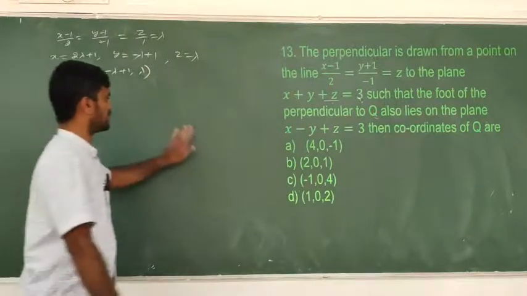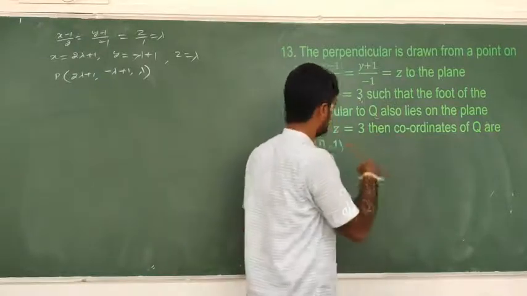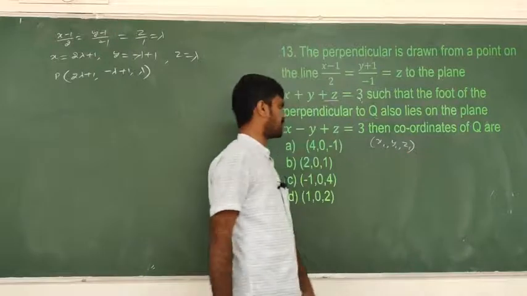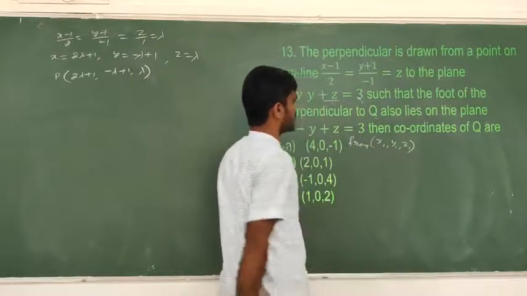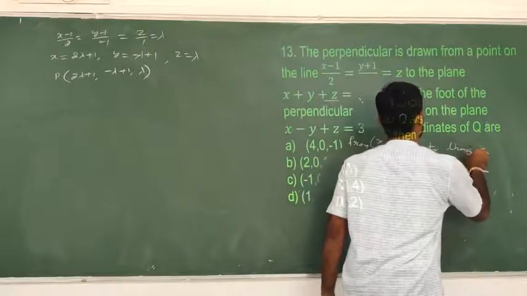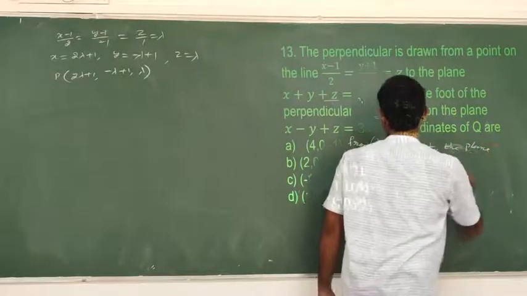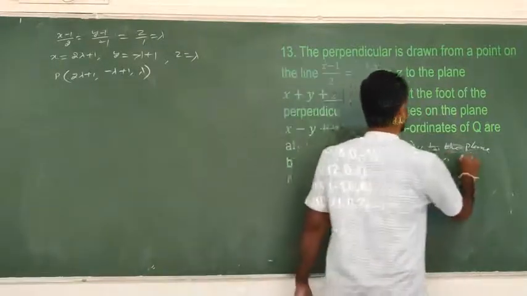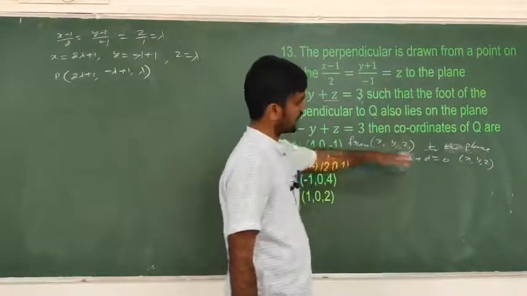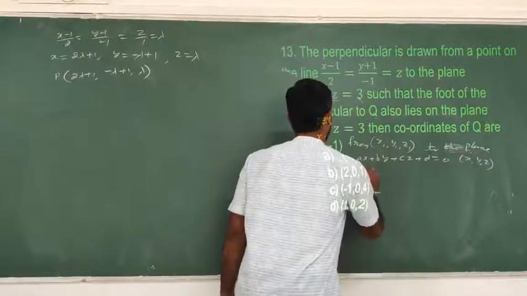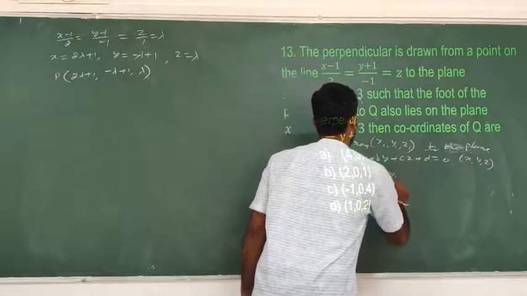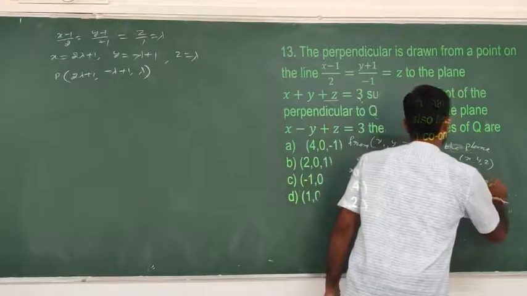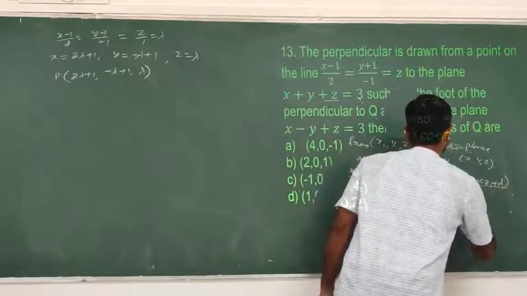So now, just remember this formula. This formula is very important. If the foot of the perpendicular from the point (x1, y1, z1) to the plane ax plus by plus cz plus d is equal to 0 is (x, y, z), then this (x, y, z) can be calculated using the formula (x minus x1)/a = (y minus y1)/b = (z minus z1)/c = minus of (ax1 plus by1 plus cz1 plus d) divided by (a square plus b square plus c square).